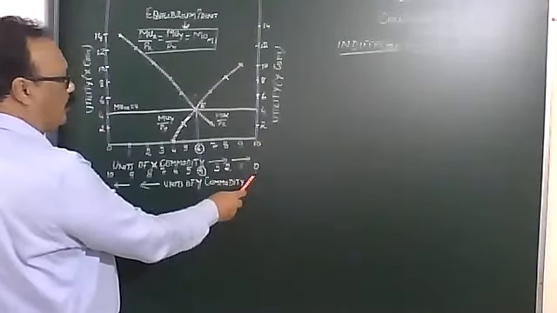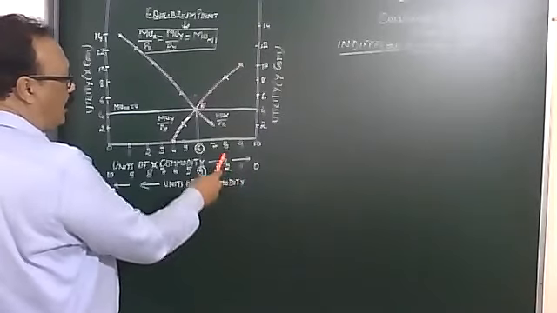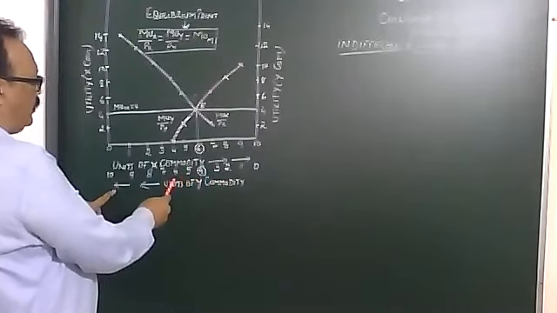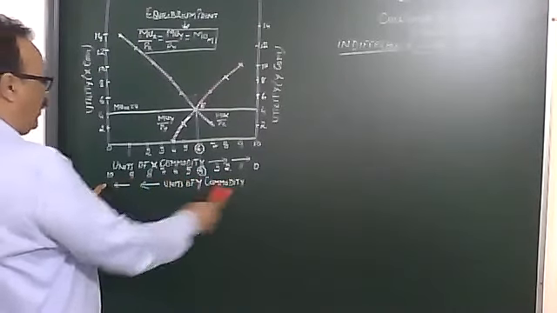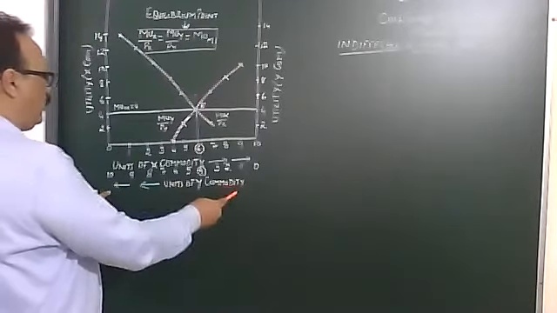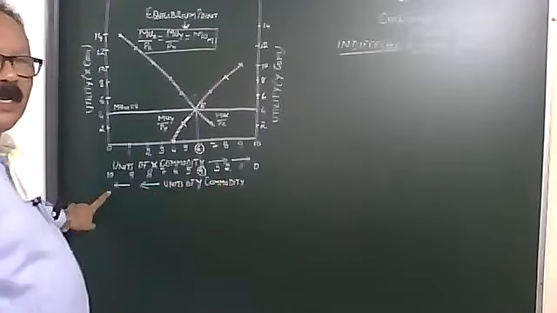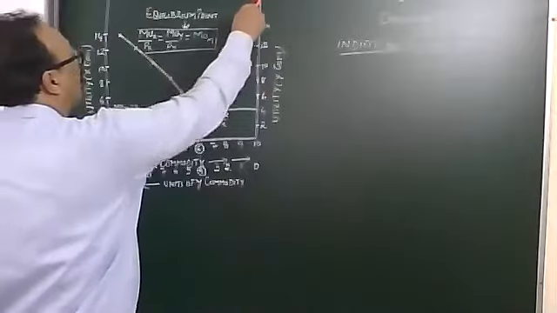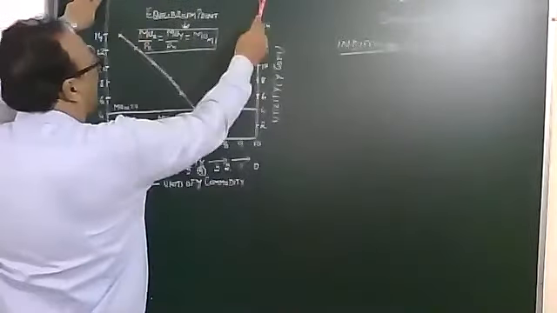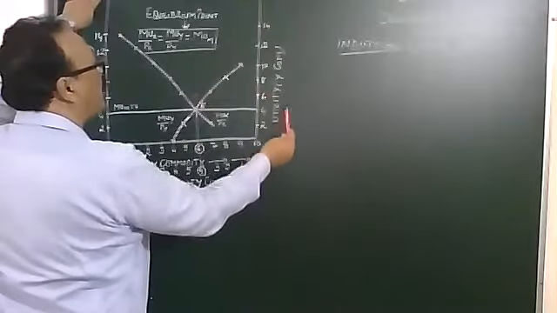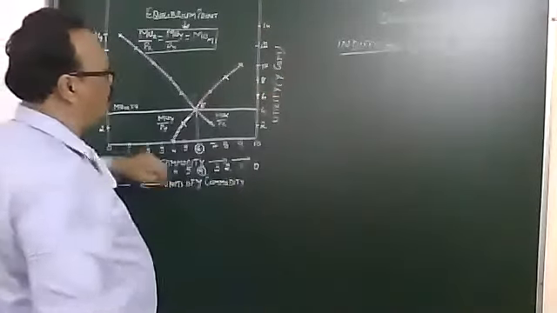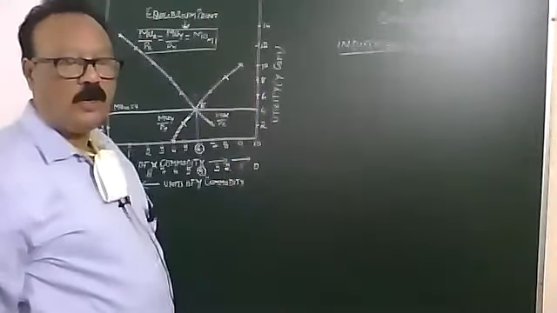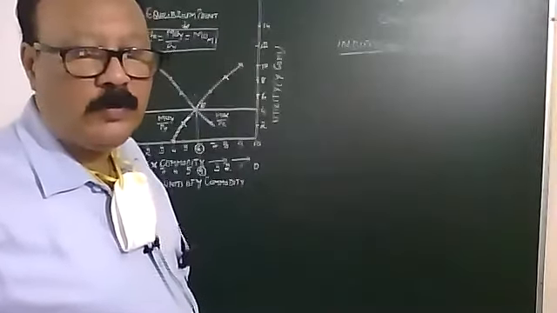Wherever there is 10, you put 0, 9 you put 1, 8 you put 2, 7 you put 3, 6 you put 4, 5, 6, 7, 8, 9, 10. And this way we will see the other units of the y commodity on the x. Okay, and on the y1, we call this the y-axis, here y1, we will take the utility of the y commodity. 2, 4, 6, 8, 10, 12, 14. Draw that and then I'll come back to you.